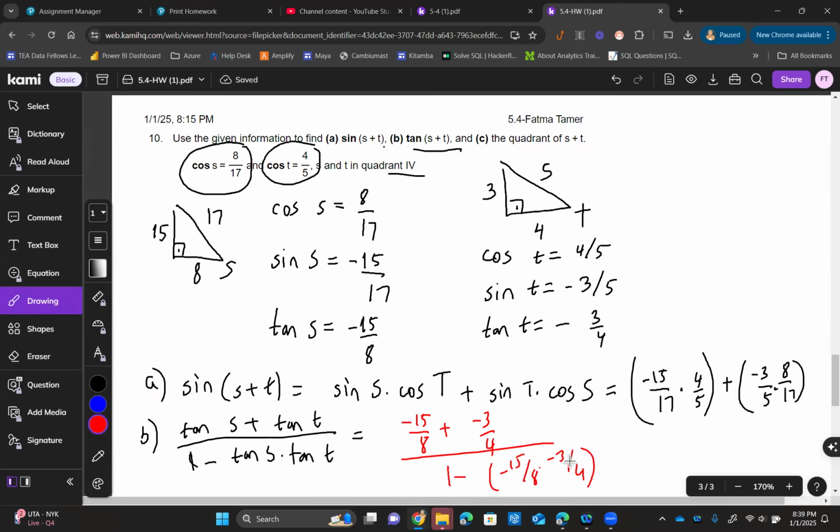So make sure that you multiply these two first, and then do 1 minus this, and when you simplify this, you will find the answer. And depending on the sign of the sine and tangent, you will figure out what quadrant S plus T will be located. And this is the end of 5.4.